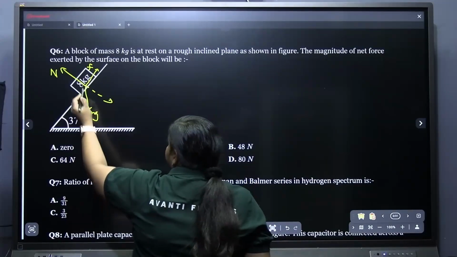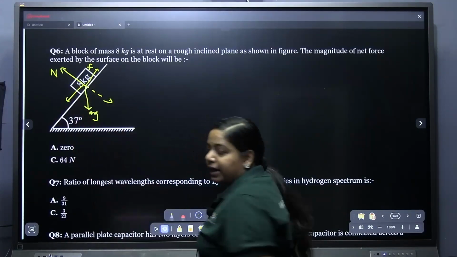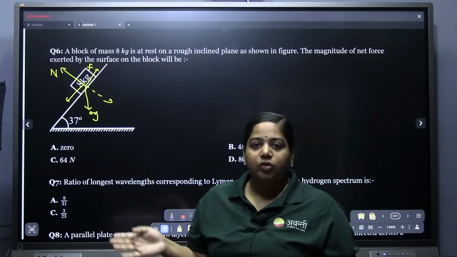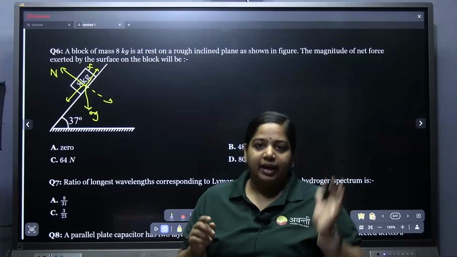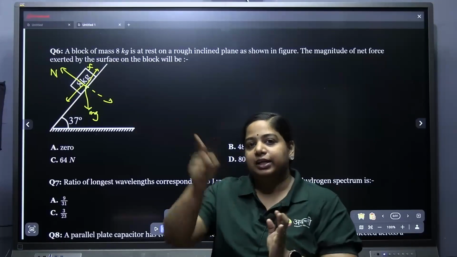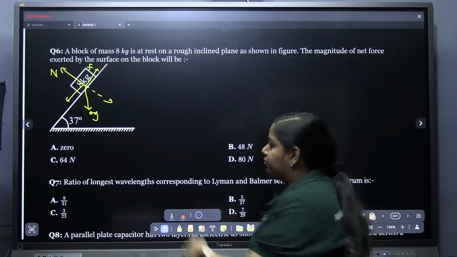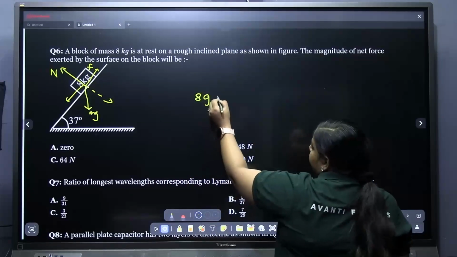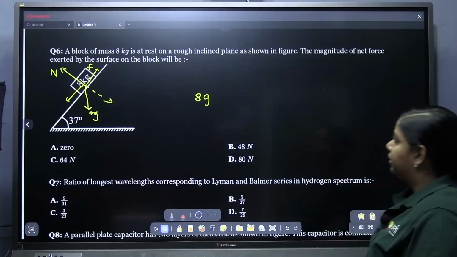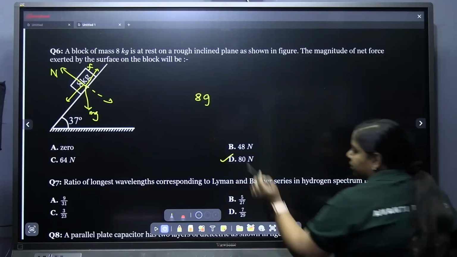Its components will be balanced by N and F. So N and F are cancelling out mg, right? Their resultant is cancelling out mg. So mg will be the answer. So the answer is option D, 80 Newton.